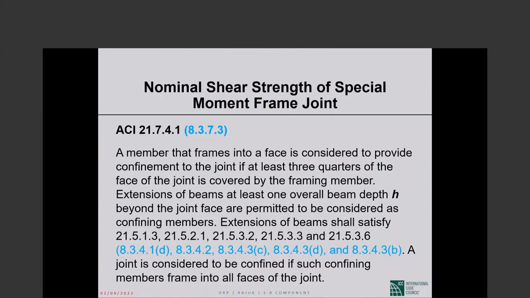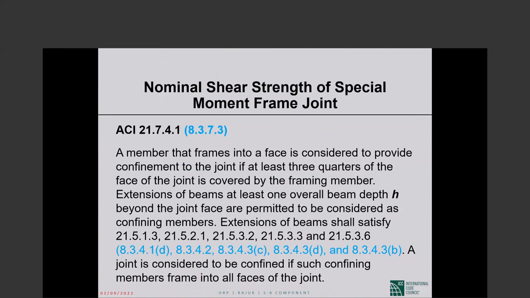Now, this says that confined means beams framing into all four faces of a column, with each beam wide enough to cover 3/4 of the column face.